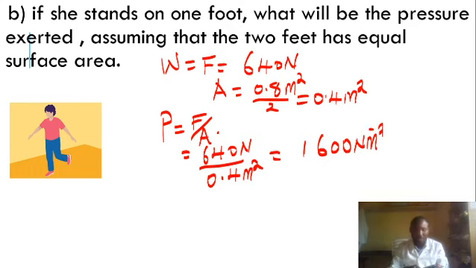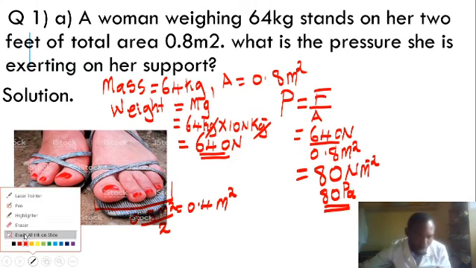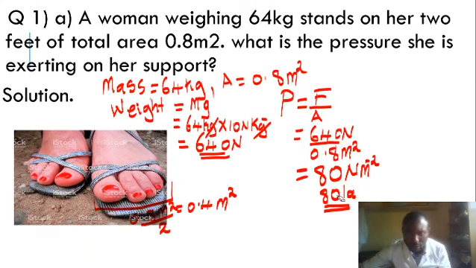Let me check the answer I got initially. 640 divided by 0.8. This is important. I wanted to see whether you are able to do the calculation too. And so if we come back here, we will see that our answer here is not 80, but it is going to be 800.